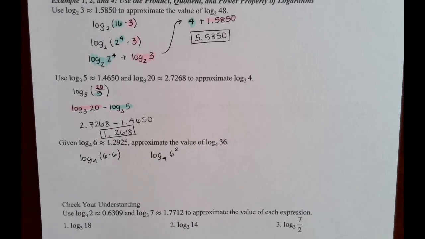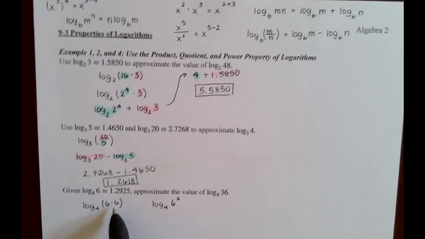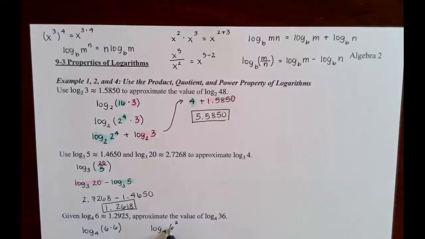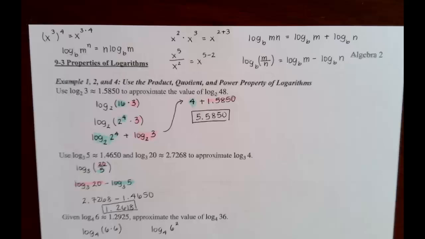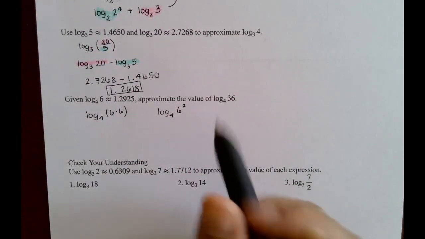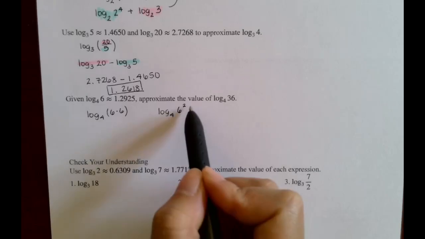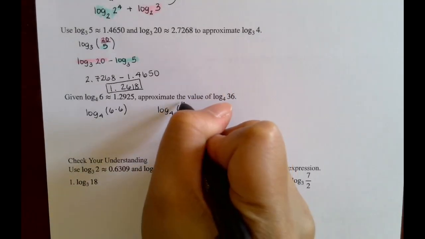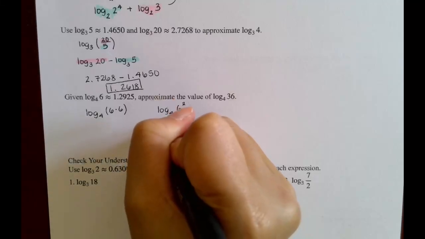The only difference is that this would be using the product property, and this would be using the power property. But either way, you should get the same answer. Okay, so since we haven't used the power property yet, let's use this one. So all I'm going to do is move the 2 out in front.